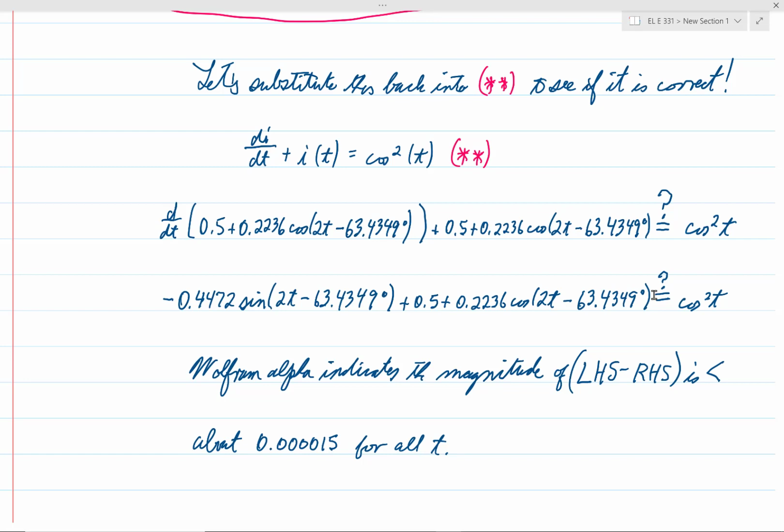So it plotted the resulting function, and for all values of t, that resulting function was less than about 0.000015. So in other words, it was extremely close to 0, which means that if taking this away from the left-hand side gives me 0, then of course this is equal to this.